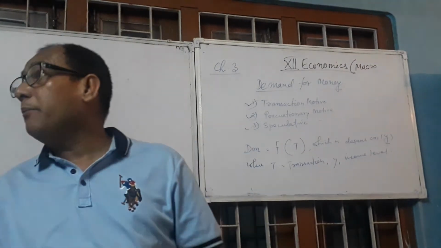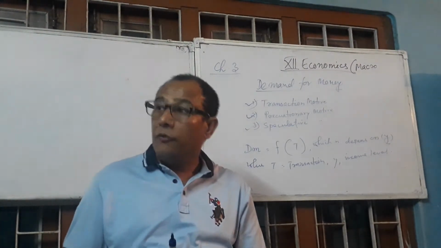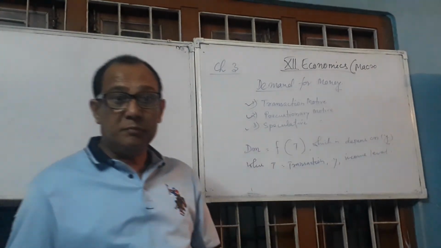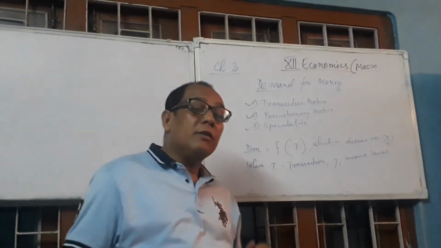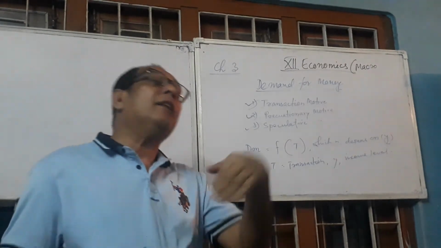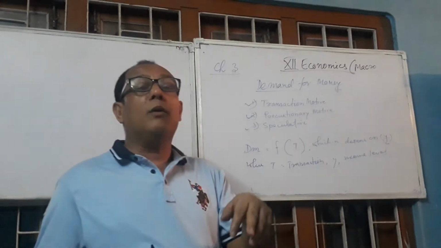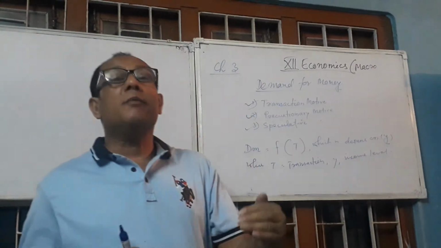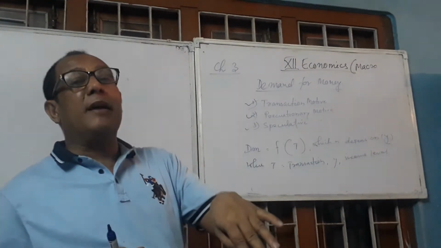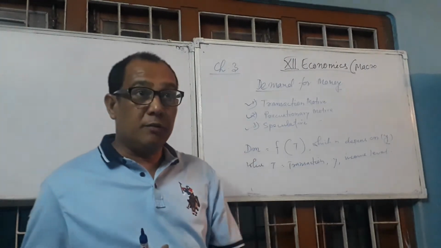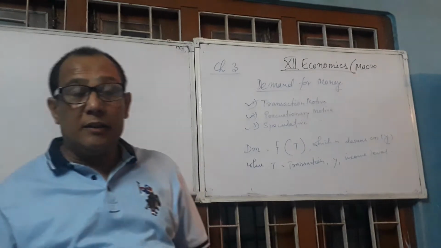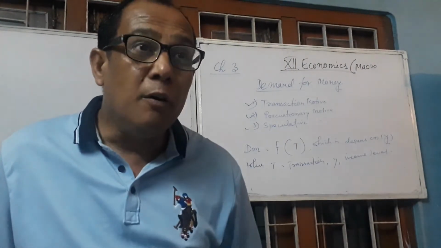Speculative motive of money demand means people demand money to make sudden profit from a small investment in a short time. They want to hold cash in hand because in a short duration and with less investment they can get a big profit. This is known as the speculative demand for money.